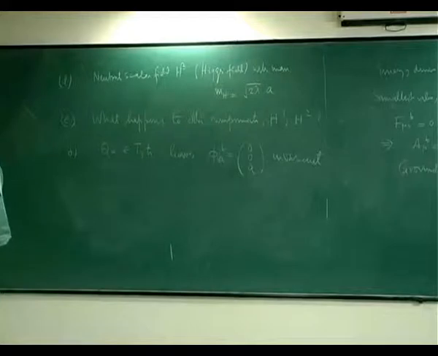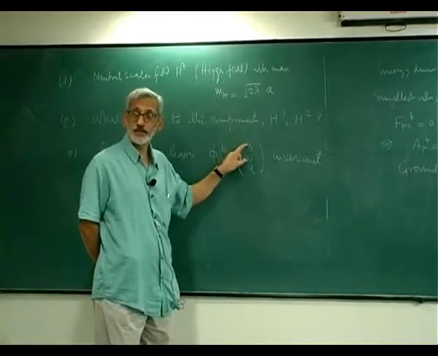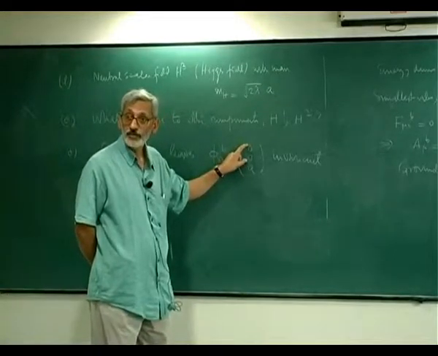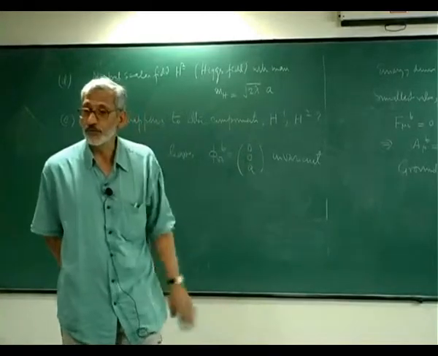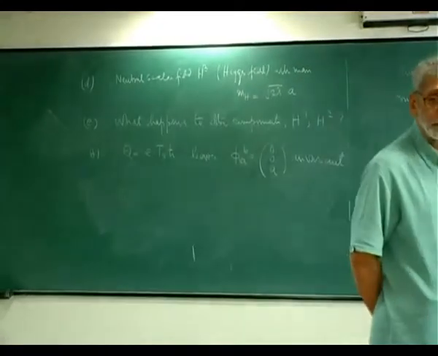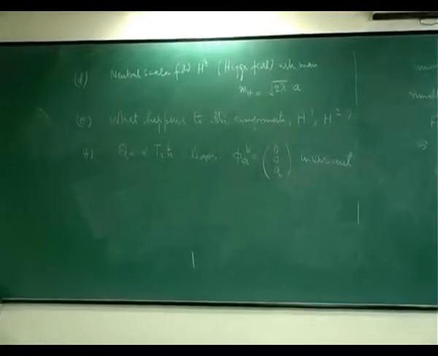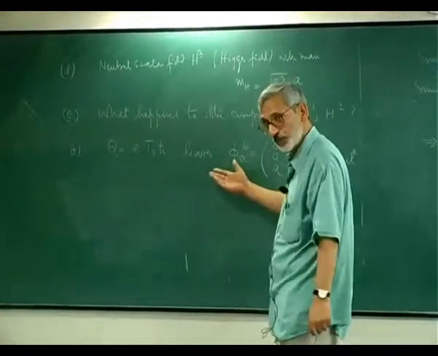Is that clear? Because this object introduces rotation only in the first two entries, and the first two entries are 0, it does not change it. Is this clear?